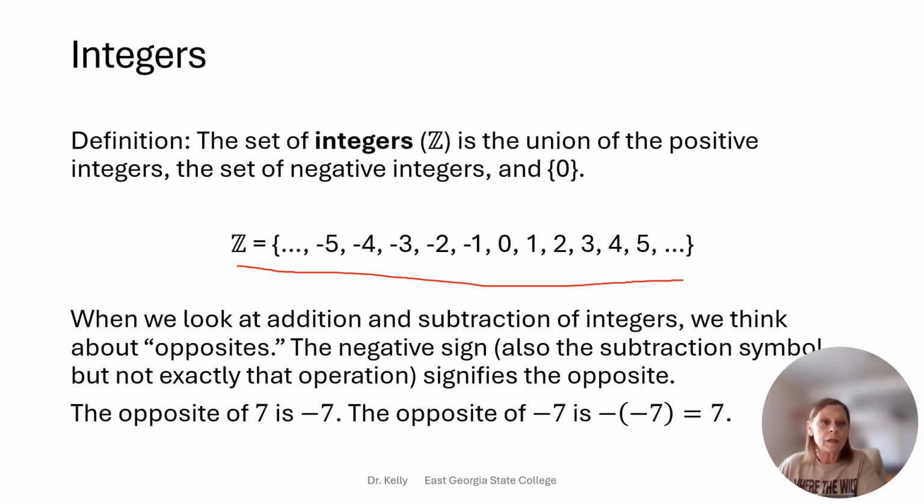Okay? So we want to think about it as opposites, and the negative sign also happens to be the subtraction symbol. I did notice in your textbook that they have typeset it a little bit smaller and a little bit above, and I don't really have that luxury with the software that I use, so I'm going to use just the same subtraction bar.